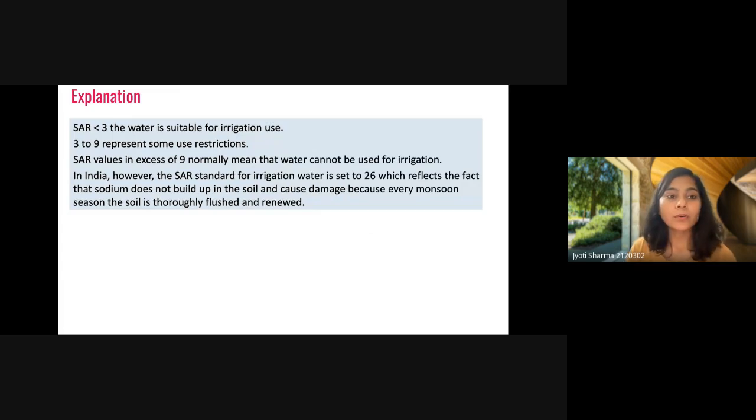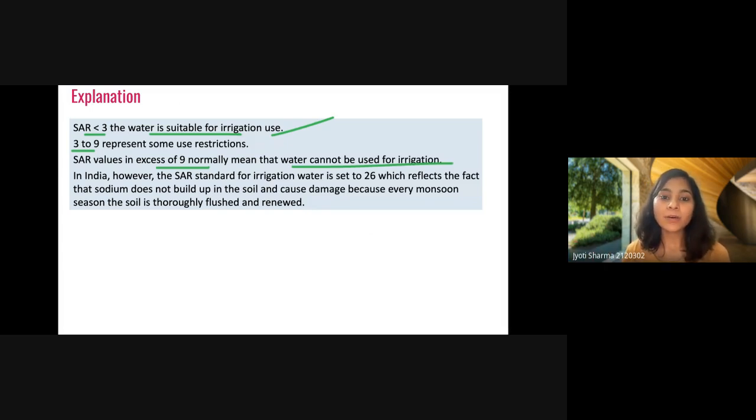So if it is less than 3, then water is suitable for irrigation purpose. If it is between 3 to 9, then we may have some restriction, but still we can use this. If it is more than 9, then water is not useful for irrigation.